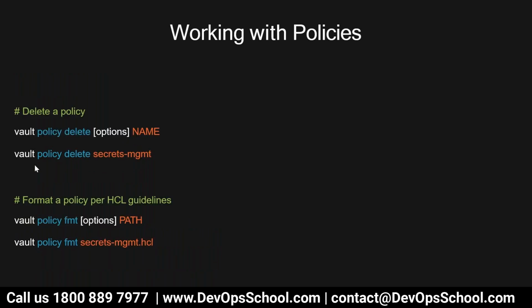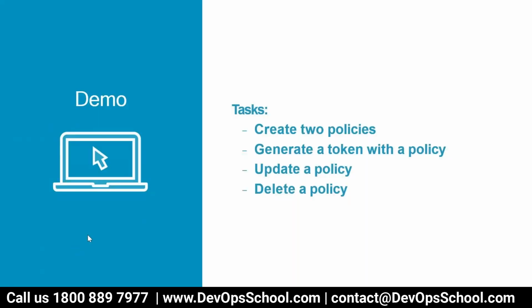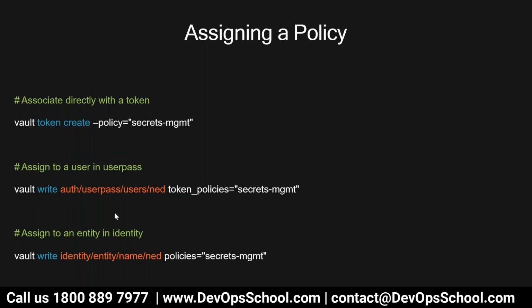After that, if you want to delete a policy, policy delete and the name. And if you want to format the policy, basically formatting, then you can use the fmt command.